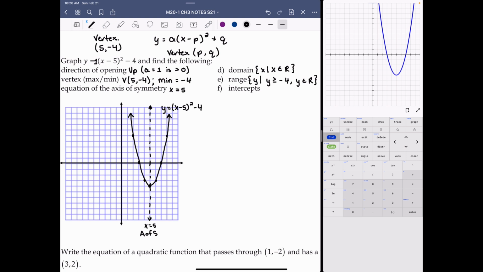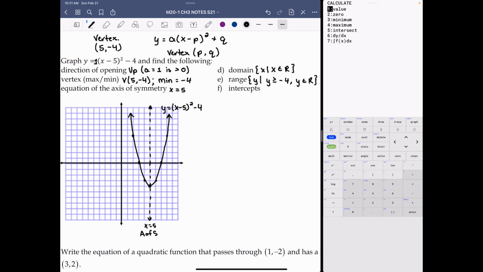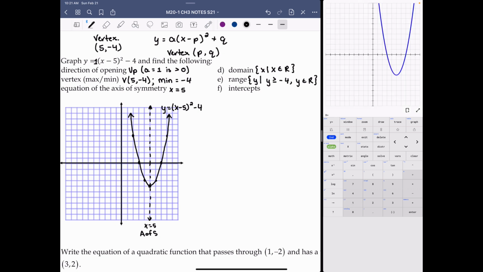So second trace, to find the y-intercept, do number 1, and then put x equal to 0, enter, and it'll tell us y is 21. On the Casio, do F5 and then F4 for intercept, and it'll tell you y is 21.